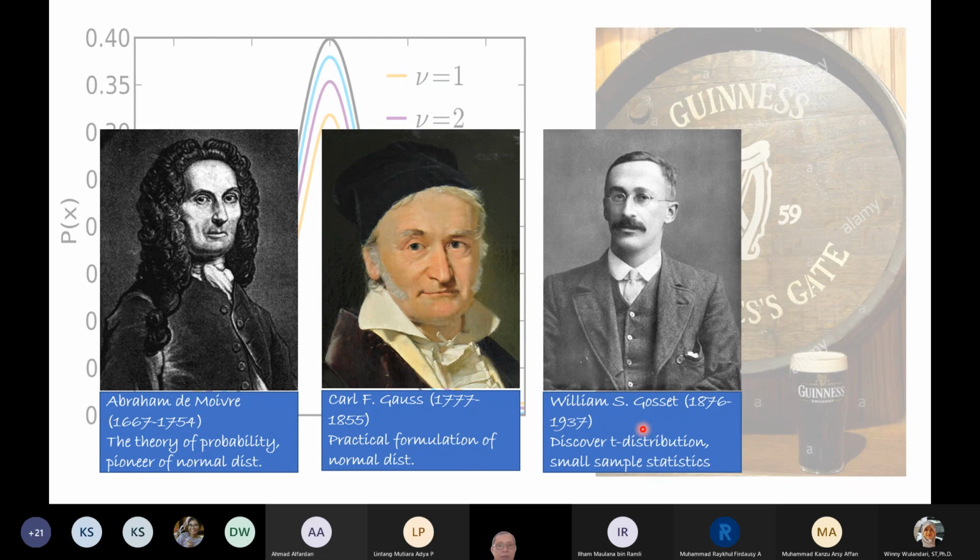If everything has to be done using big samples, then things will get much more expensive. So William Gosset worked in this Guinness beer factory in Ireland when he invented this T distribution.